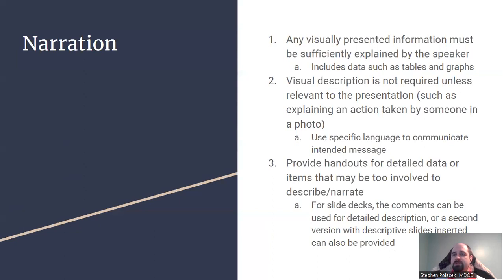So make sure it's relevant to the presentation, like in explaining an action taken by someone in the photo, and make sure that you're using very specific language to communicate the intended message. One prime example I like to point to for this kind of thing is instructional videos for navigating a website or a piece of software, where they'll usually say, click here to learn more about our services or something.